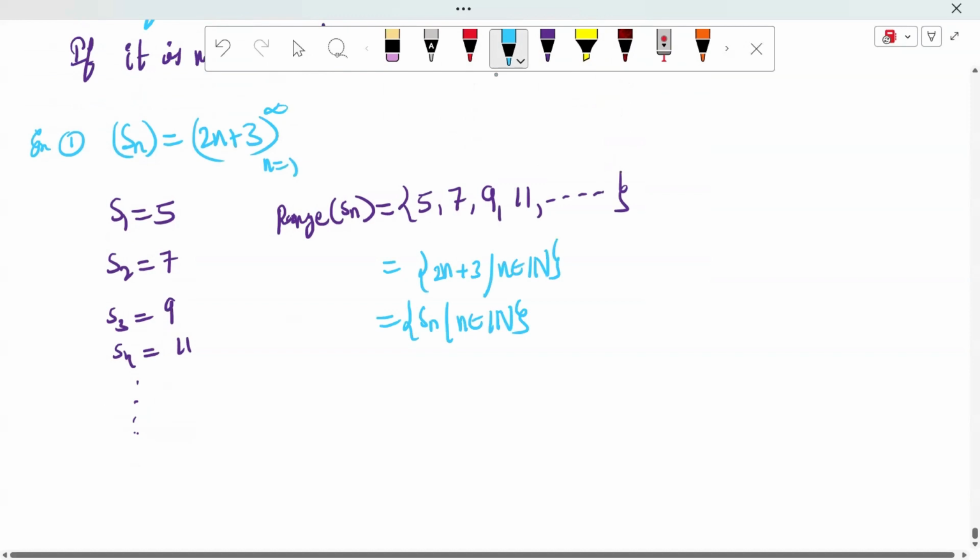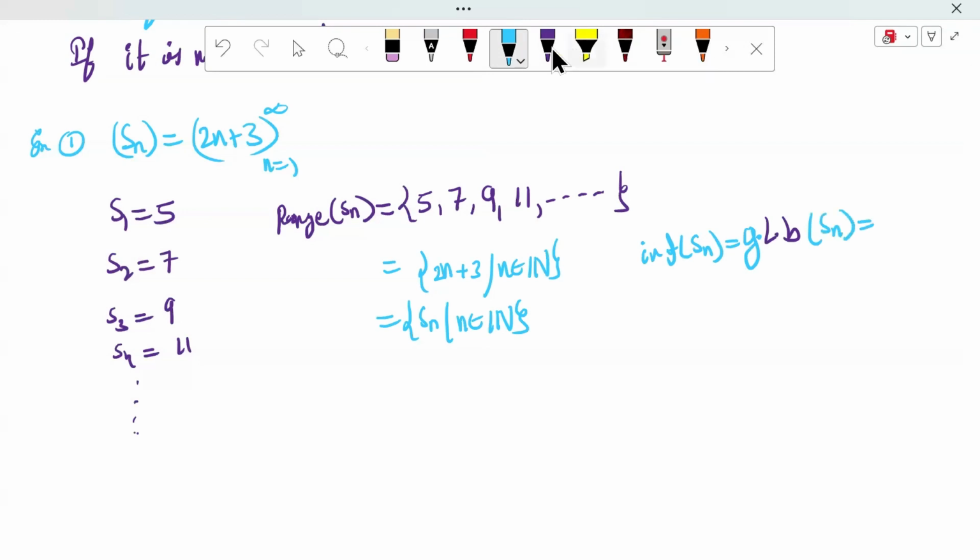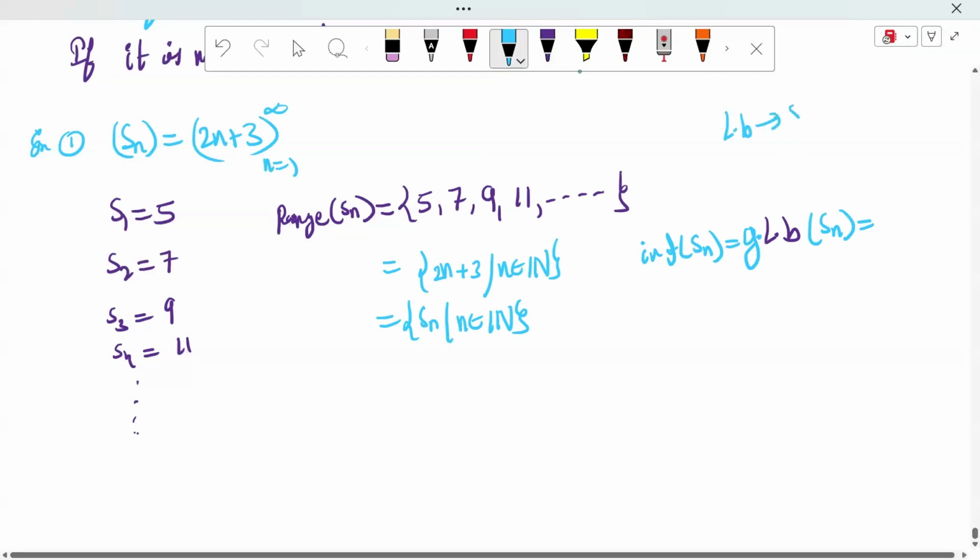What is the infimum here? What is the infimum of Sn? Infimum means the greatest lower bound. What are the lower bounds of the set? The lower bounds are 5, 4, 3, 2, 1, and so on.